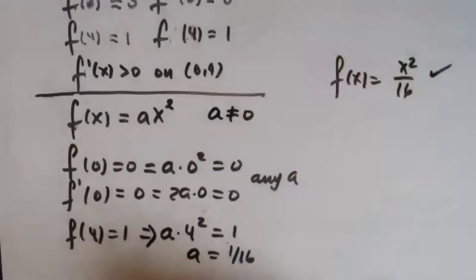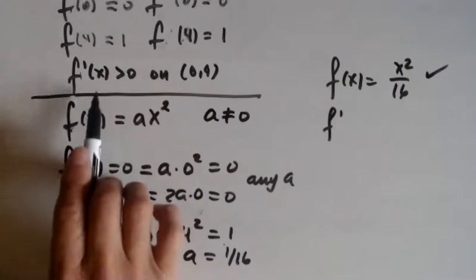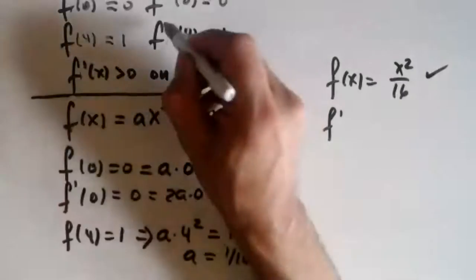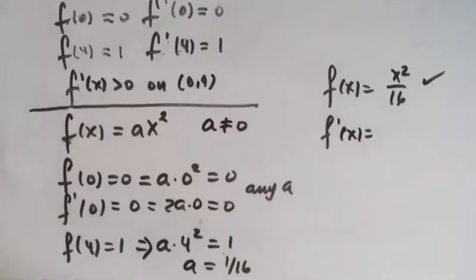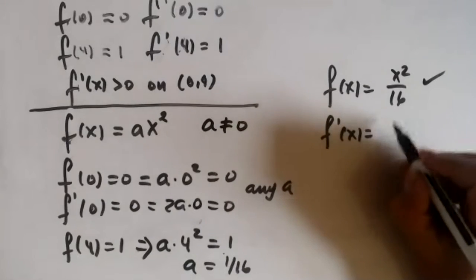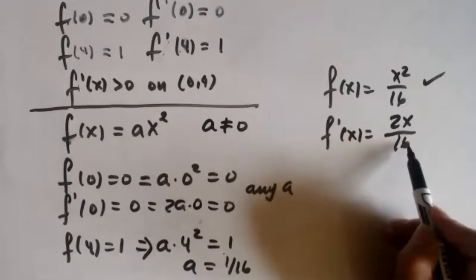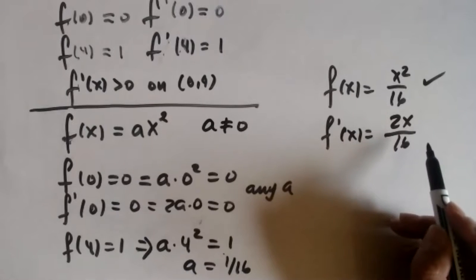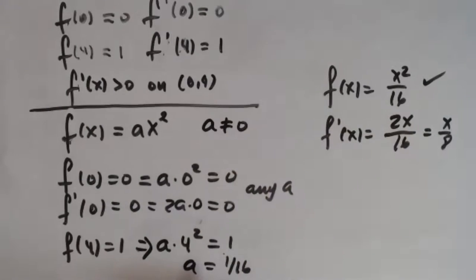Now let's see f prime, because the condition here is f prime of 4 is 1. f prime of x is 2x over 16, so x over 8, right?